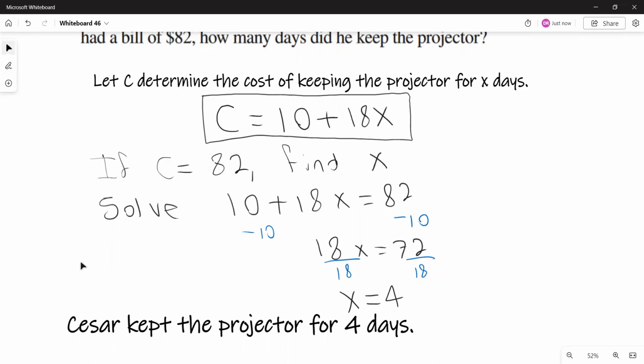Okay, next application is problem 62. Now this is on page 317. Okay, so I'm going to copy the description.